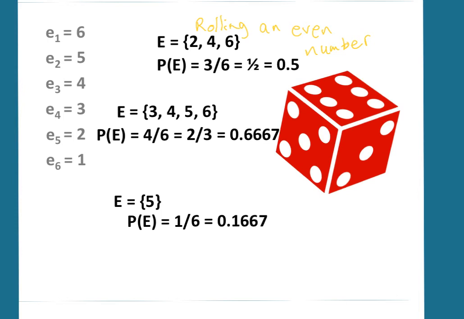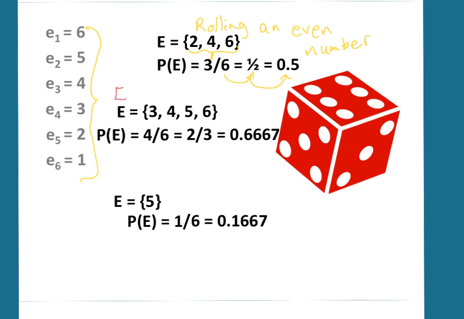So therefore, this number of ways it can occur is your 3. There are 6 possible outcomes in the sample space. They're all listed right here, 6 of them. So 3 over 6 becomes the probability of rolling an even number.